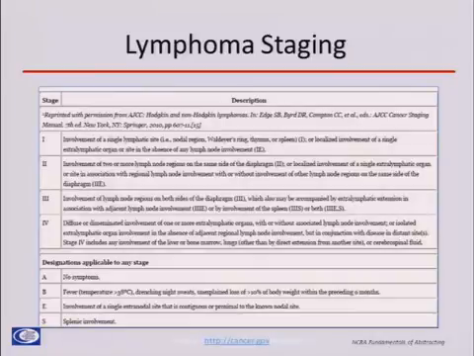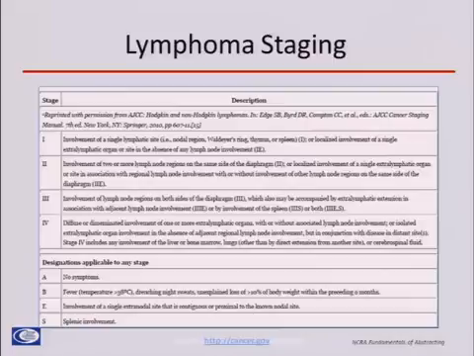Here is the lymphoma staging schema. 1, 2, 3, 4. These are the words that go with the pictures. And these are designations that are applicable to every stage. So a stage 1A is localized with no symptoms. A stage 1B is localized with symptoms.